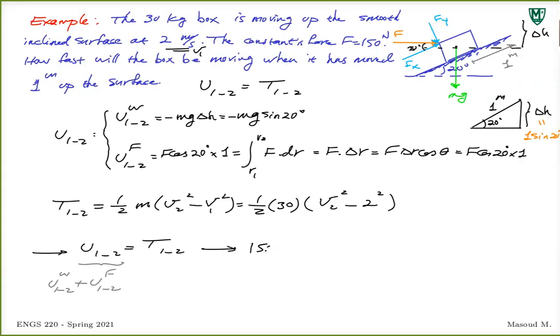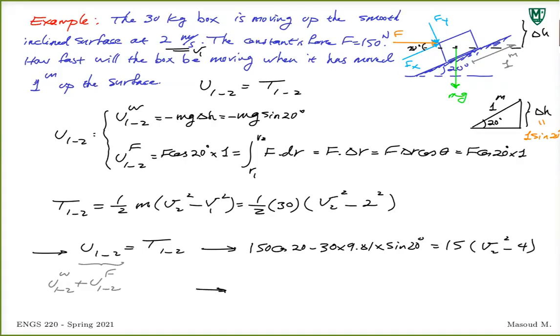So we get 150 cosine 20 degrees minus, that's from mg, 30 times 9.81 times sine 20 degrees, is equal to 1/2 times 30, so it becomes 15 times v2 squared minus 4.